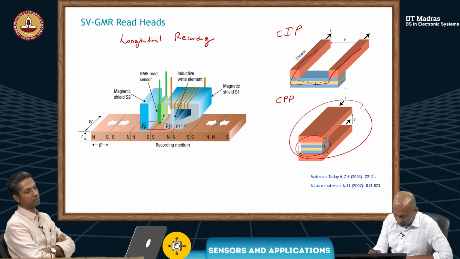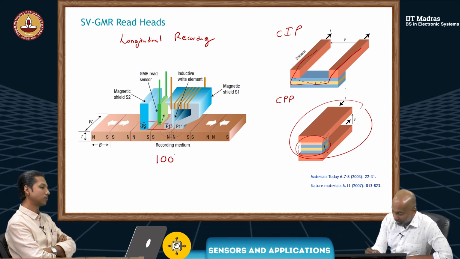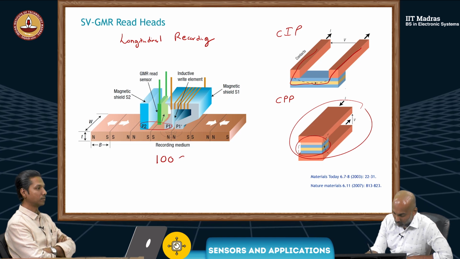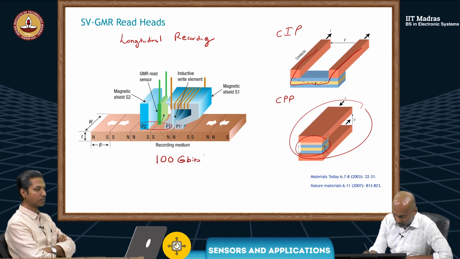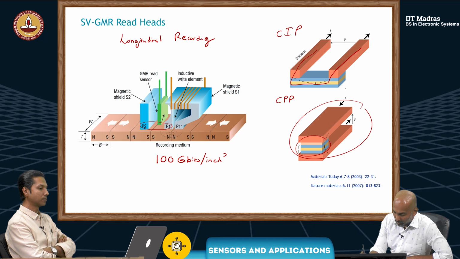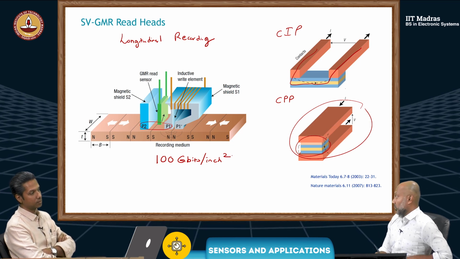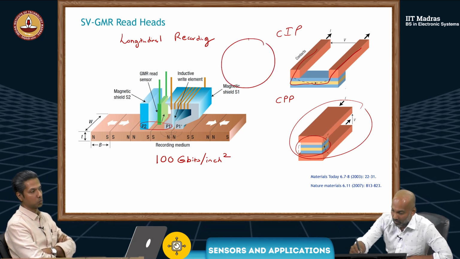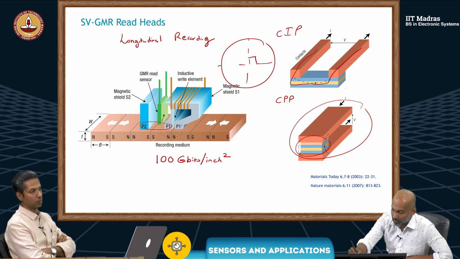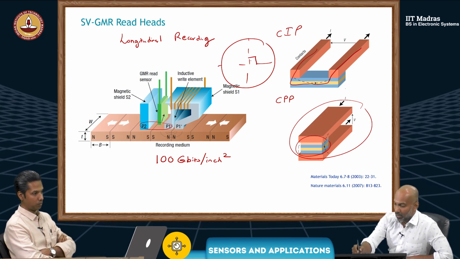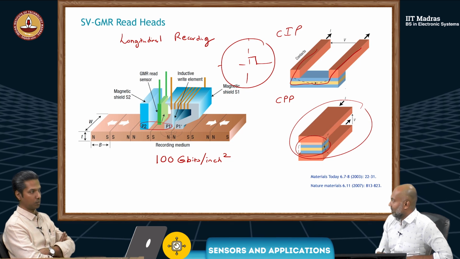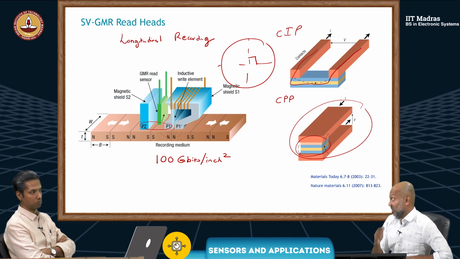But then, with this kind of arrangement, you could go up to about 100 gigabits per inch squared. Now, if you take a square inch of a wafer and look at how much you can fit in there, you can get 100 gigabits, which is pretty big, right?